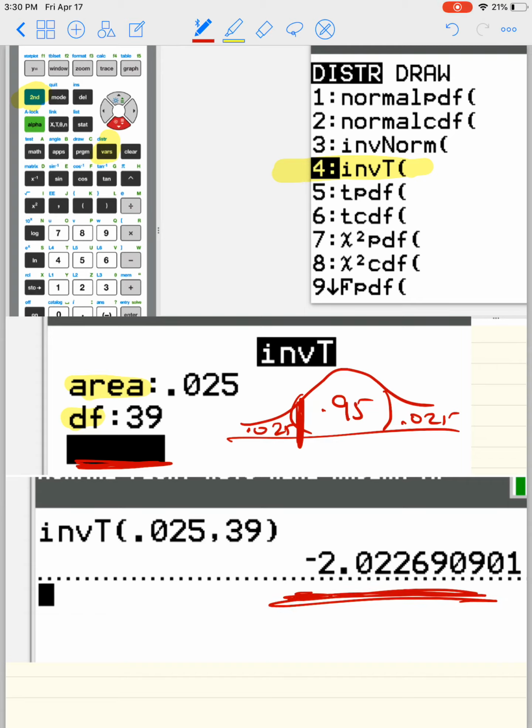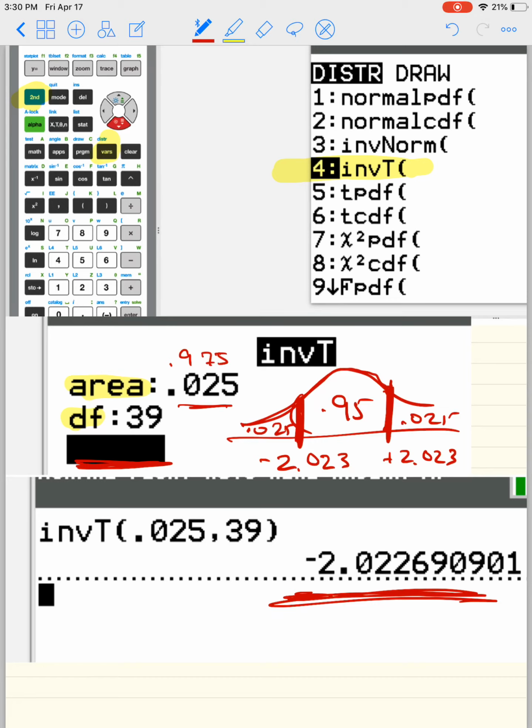Notice how the number is negative. It's just saying that this is the lower limit. They're symmetrical, so the other one is positive 2.023. If you wanted your calculator to give you that, you would put 0.975 here, and that would give you the upper limit.